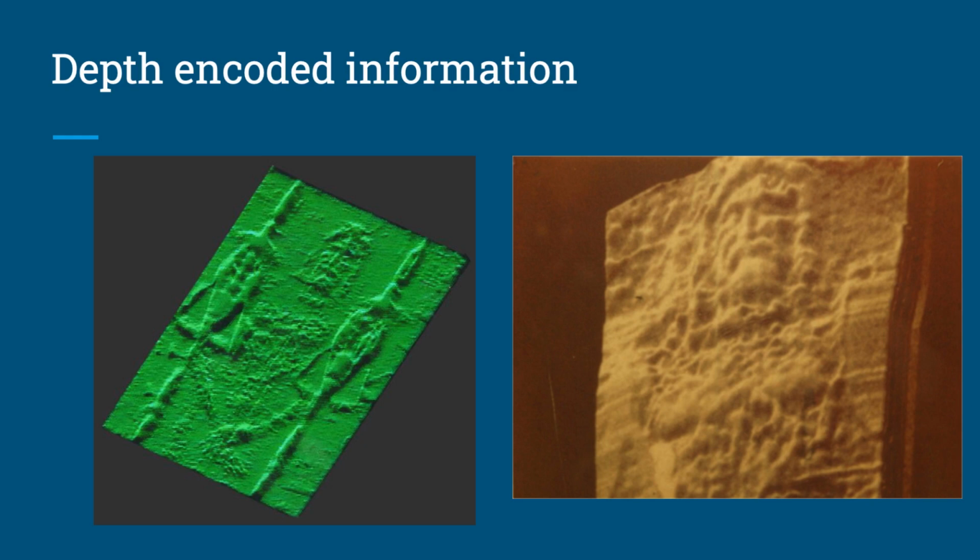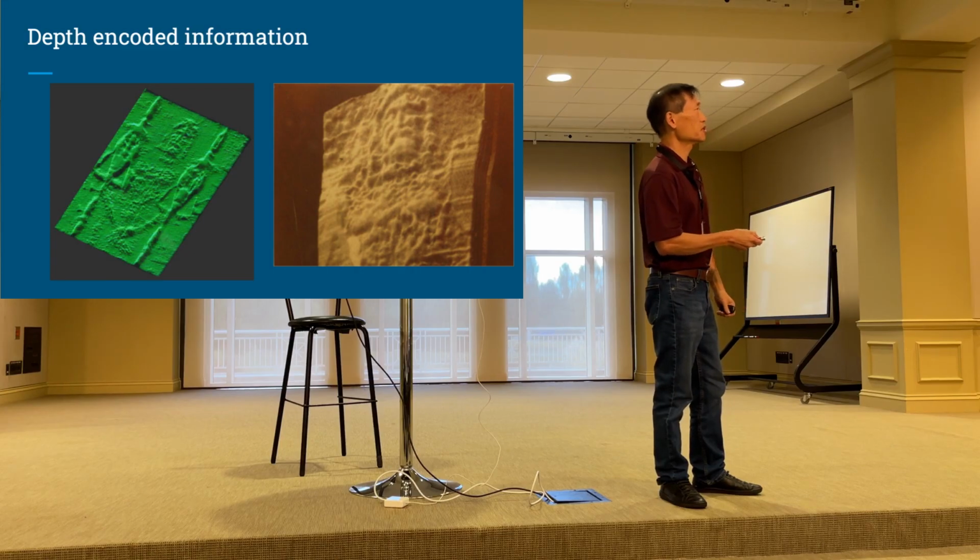I also said that there's depth encoding information on it, and I'm going to go into a little more detail about this. So you can see here his face, and then his body, and then his arms. And it looks almost like a topographical rendition of Jesus' face and his chest and his body.